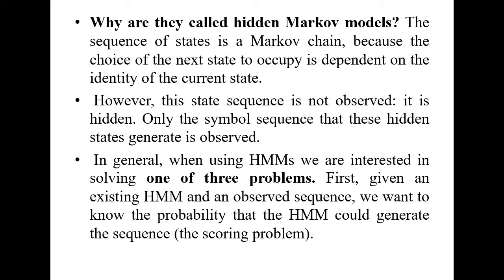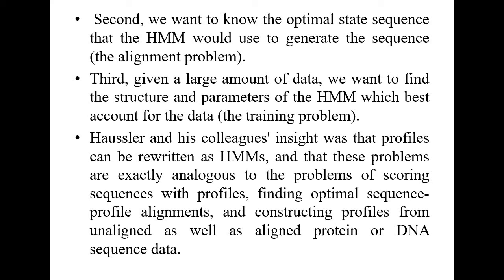In general, when using HMMs, we are interested in solving one of three problems. First, given an existing HMM and an observed sequence, we want to know the probability that the HMM could generate the sequence, the scoring problem. Second, we want to know the optimal state sequence that the HMM would use to generate the sequence, the alignment problem.